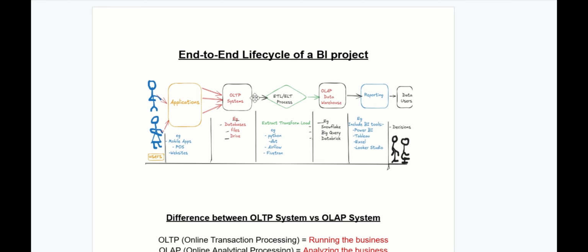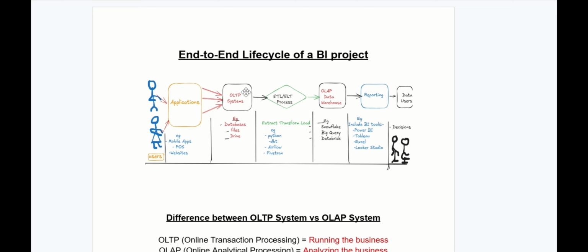In the process of moving this data from the OLTP system to the warehouse, we extract the data, we transform it, and then we load it into the warehouse. This entire process is what we call ETL: extract, transform, and load.